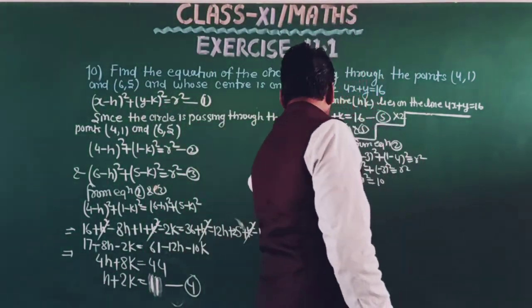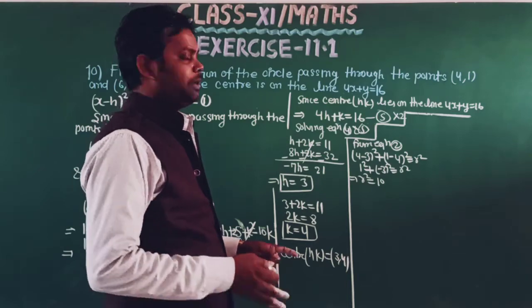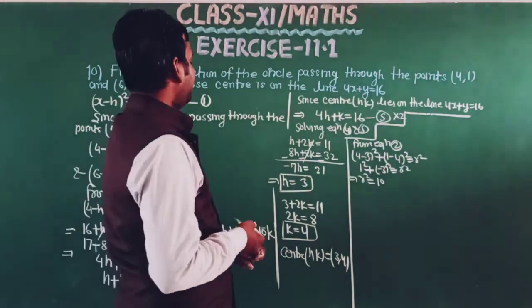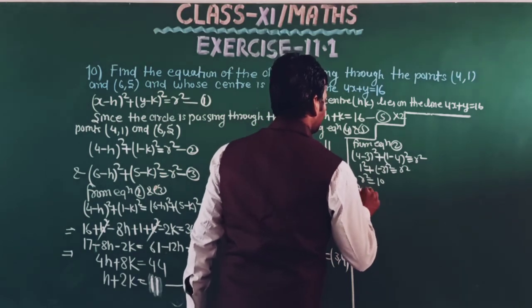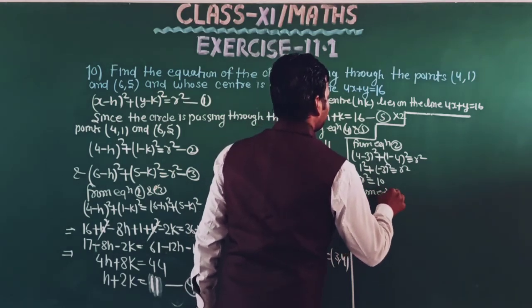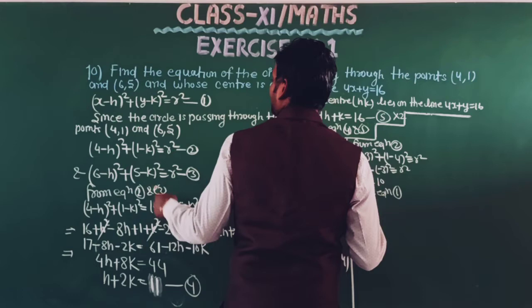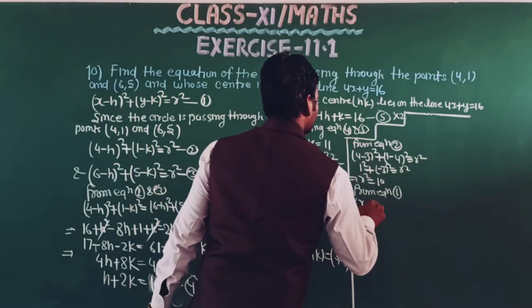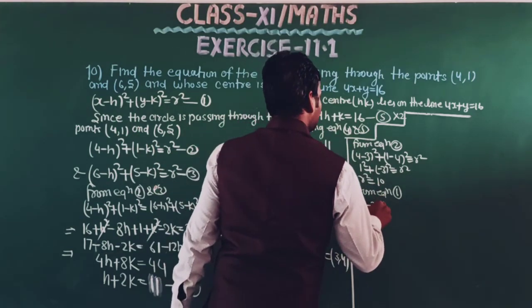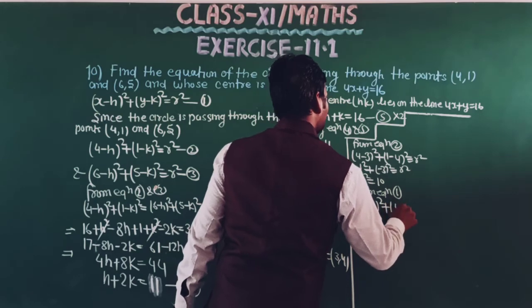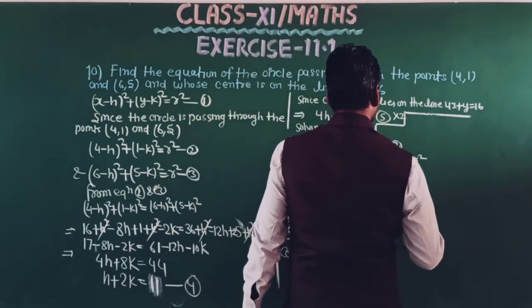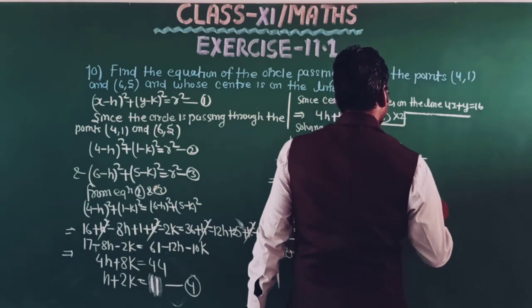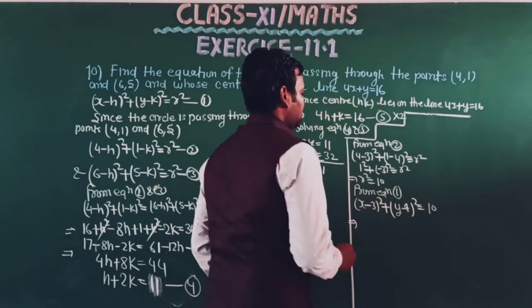Okay, now substituting the values of h, k and r square in equation 1, we get (x minus 3) whole square plus (y minus 4) whole square equal to 10.